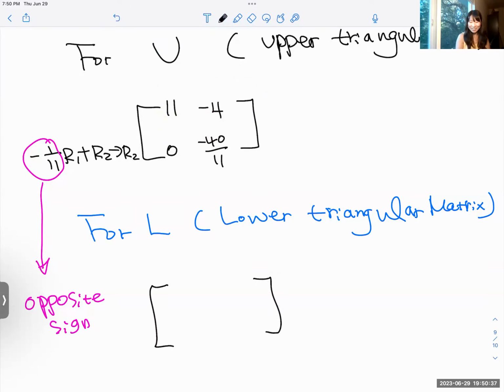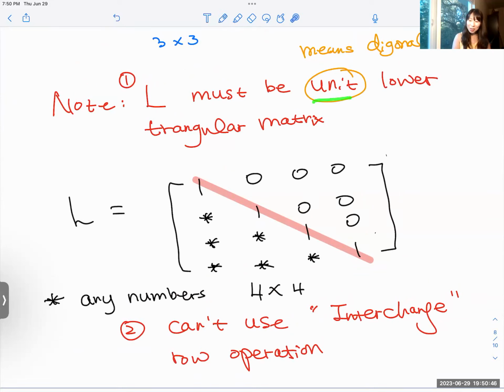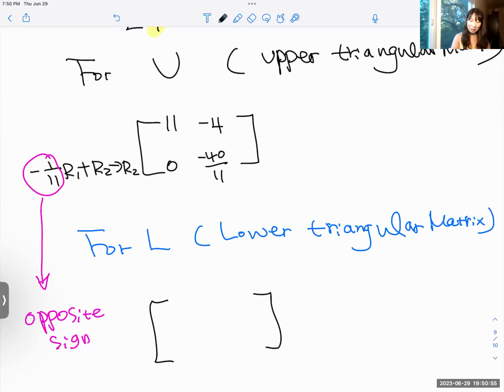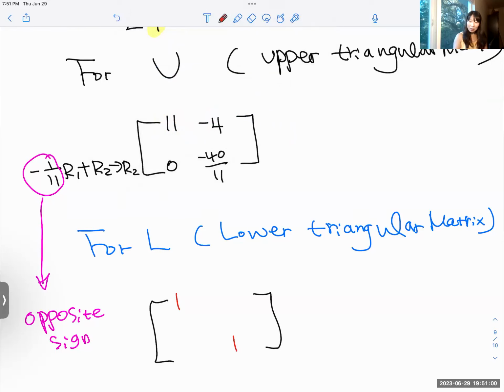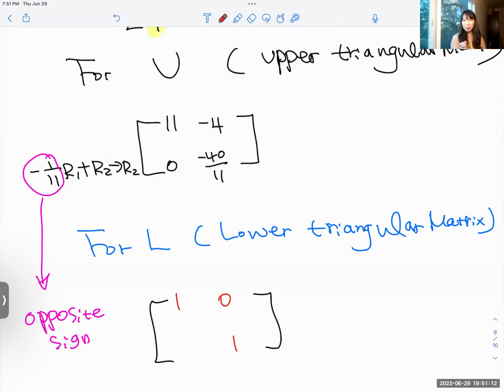For L, we have to have a unit lower triangular matrix, so the diagonal is 1. Above the diagonal is 0, by the definition of a lower triangular matrix.